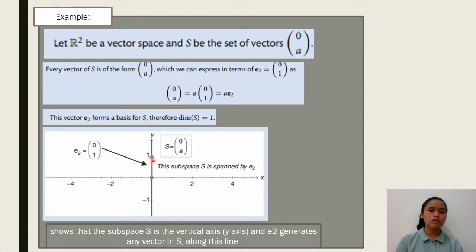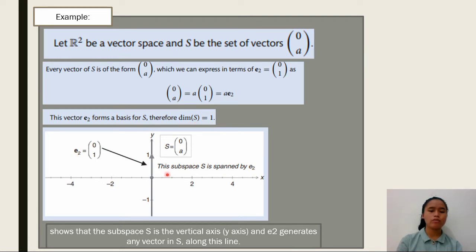We might think the dimension of R2 is 2, but the dimension of S is 1.